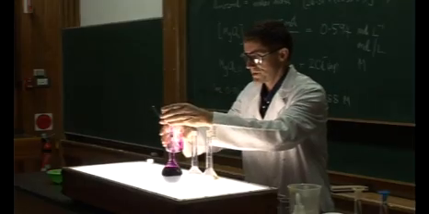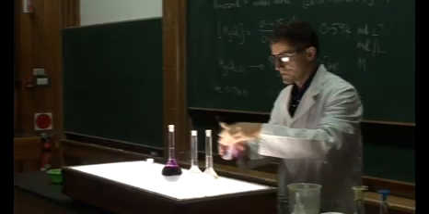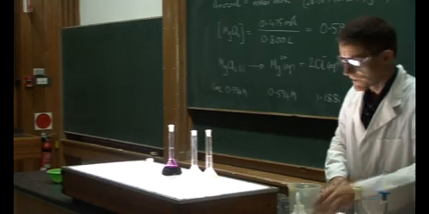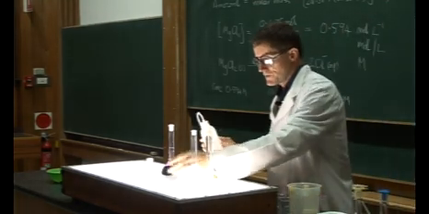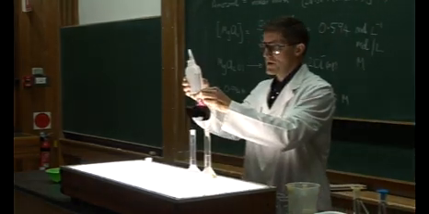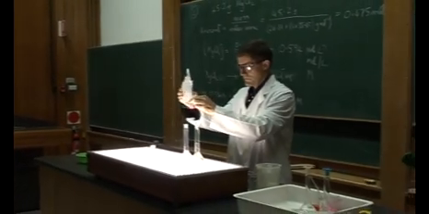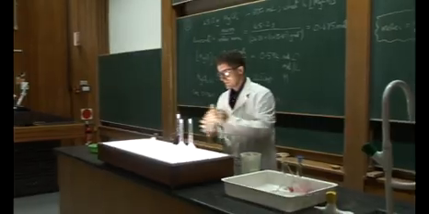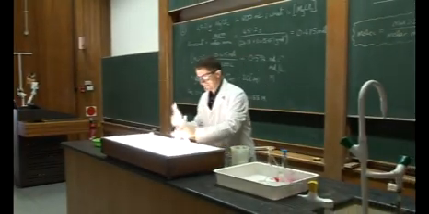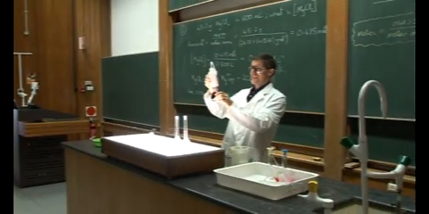Yeah, well, that's pretty much done. What I am now going to do is top up my flask to the calibration line with water. Some days are better than others.